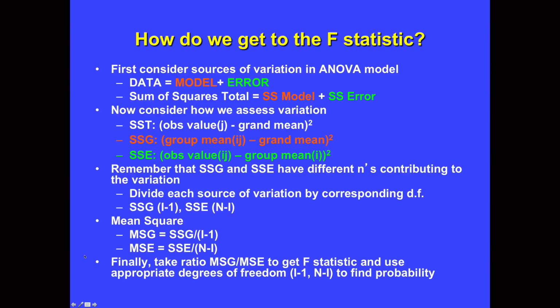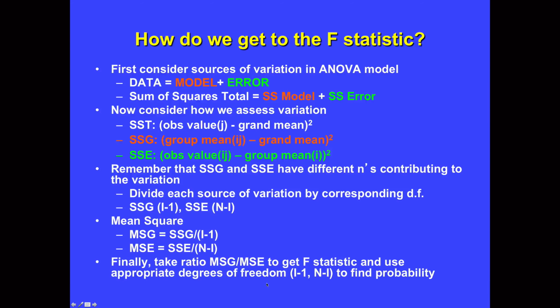And then you can take a ratio of the mean square group to the mean square error, which will generate an F statistic. And then finally, we can use that F statistic in combination with degrees of freedom to find some probability for observing the data that we have.